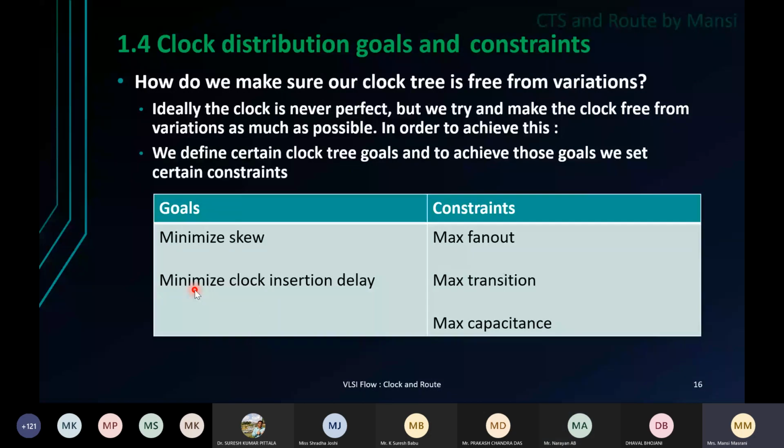A longer buffer tree or buffer chain, correct? Each device will have its own variation. So if a clock is passing by 50 different buffers, and there is one more clock passing by 100 different buffers, which will have more variation?